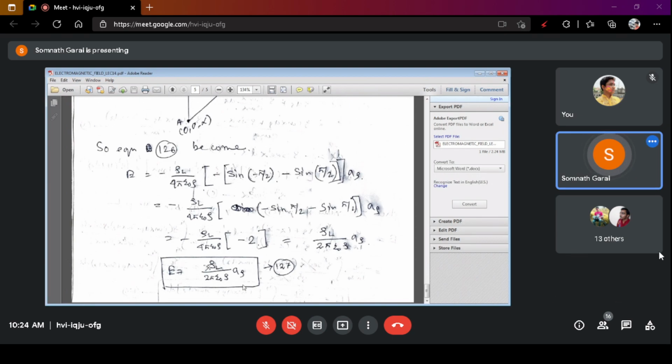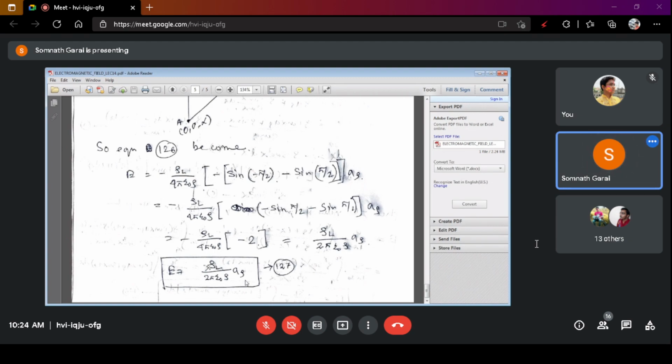So that is the exact equation of electric field intensity at an arbitrary point P with respect to a line charge which is situated in the z direction. E is equal to rho L by 2 pi epsilon naught rho into a rho.